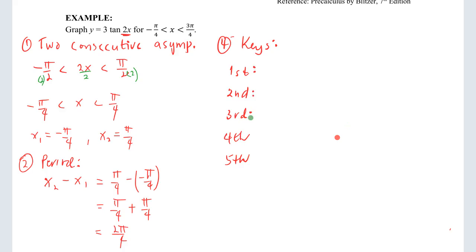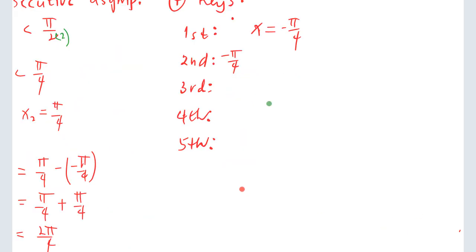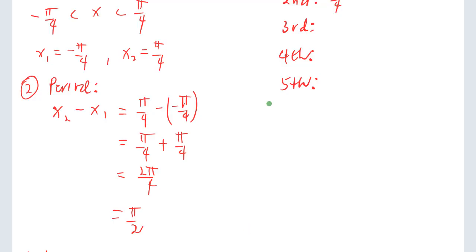Definitely the first key here would be our first asymptote that we have solved. So we have here x is equal to negative pi over 4. This is coming from the first asymptote. And then I'll be using the same value of x, negative pi over 4, and adding our increment, which is pi over 8.